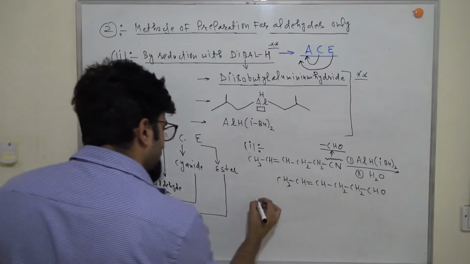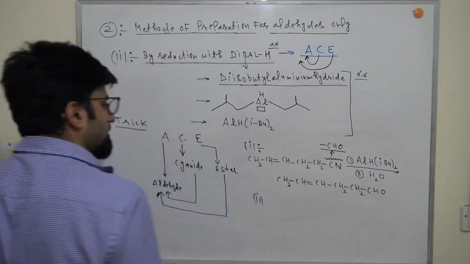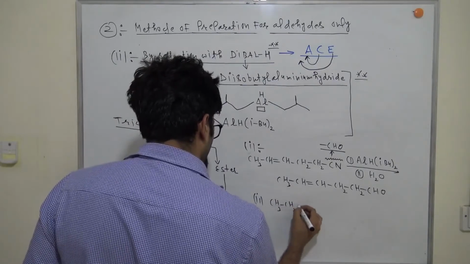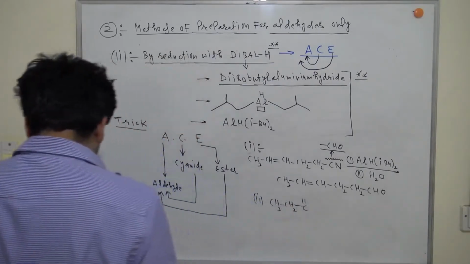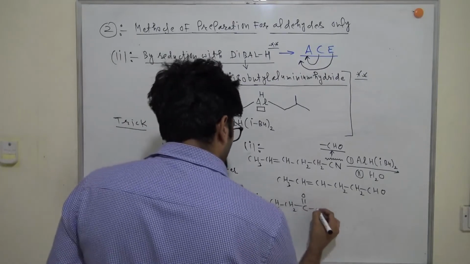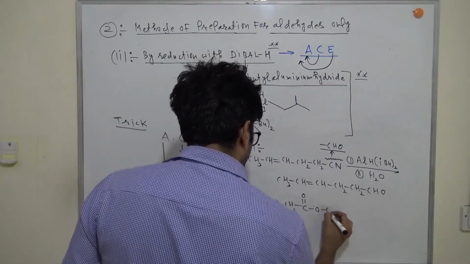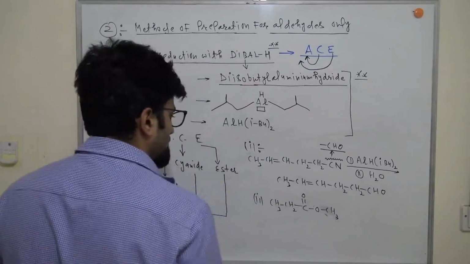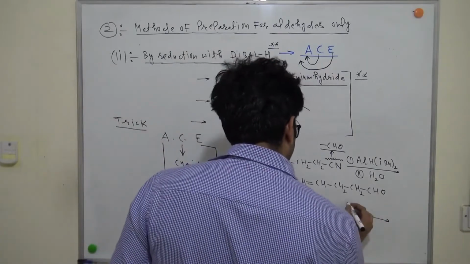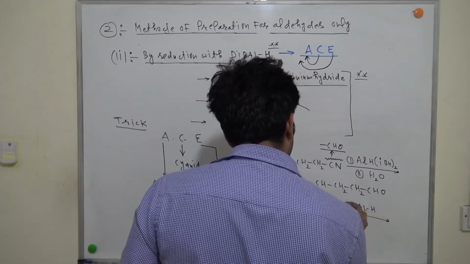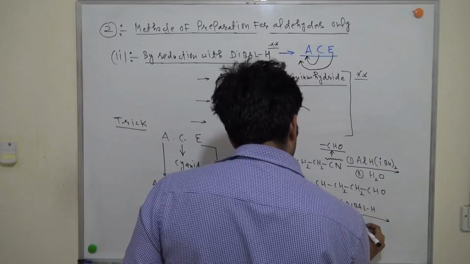Now the second one is an ester: CH3CH2C(=O)OCH3. Again I'm doing its reaction with DIBAL-H, first step, and the second step is hydrolysis.